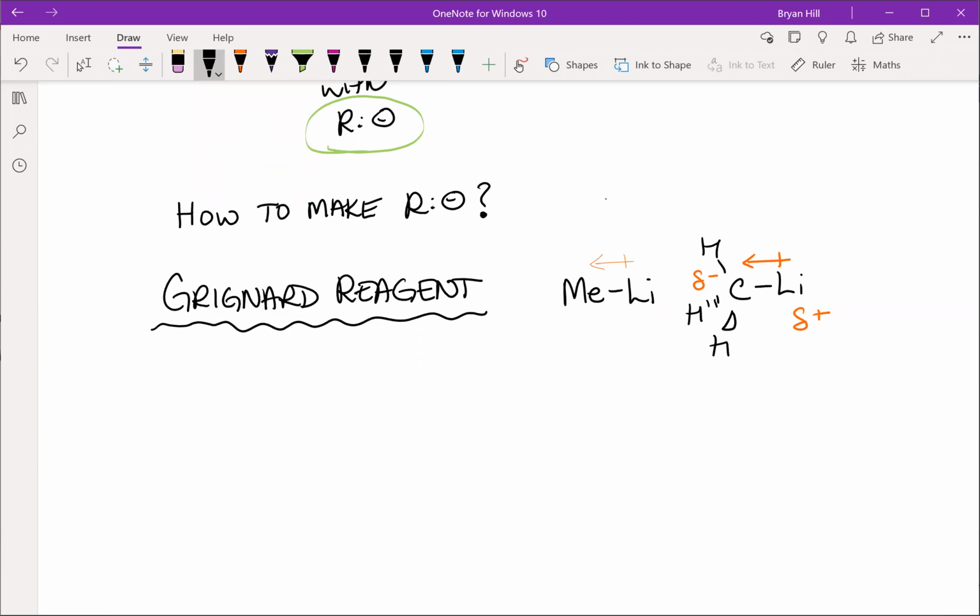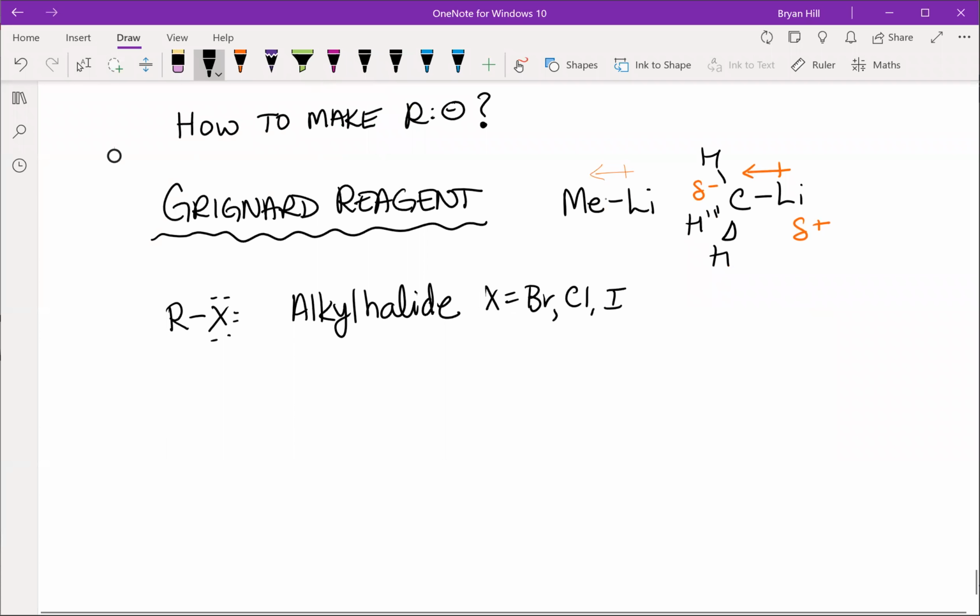With a Grignard reagent, the fun thing is that you take some alkyl halide, where X can be Br or Cl. Now, the most common Grignard reagents are probably the bromides. They just seem to be the Goldilocks of the Grignard reagents.